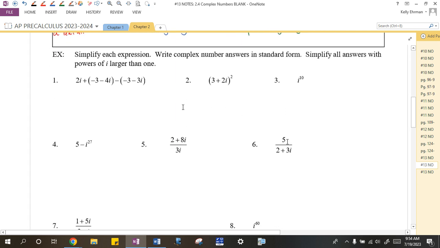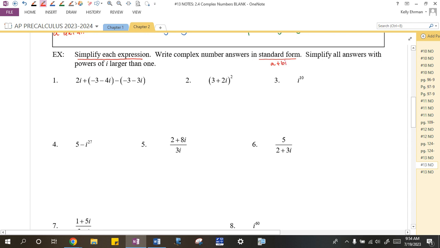So what we're doing today is figuring out some of these rules. I know that you worked with complex numbers in Algebra 2, so I'm just reminding you of some of these rules by example. The directions are to simplify each expression, which means write your complex number answers in standard form, a plus bi, real part first, imaginary second.